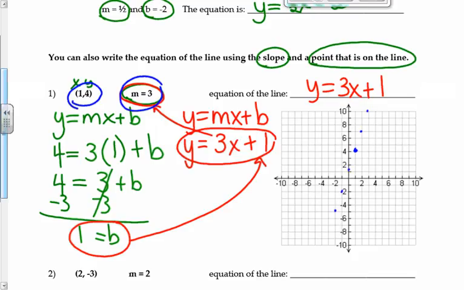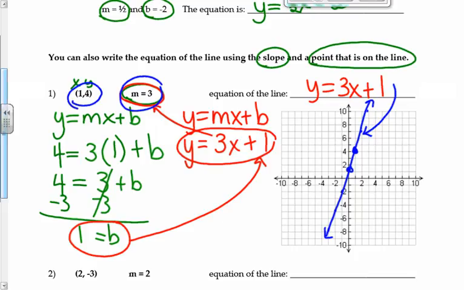And you would see that this equation that we just created is a line that has a slope of 3 over 1 and a y-intercept of 1. So this is the same line here. This has a slope of 3 over 1, and it also passes through the point 1, 4, which we were given back here in the very beginning.